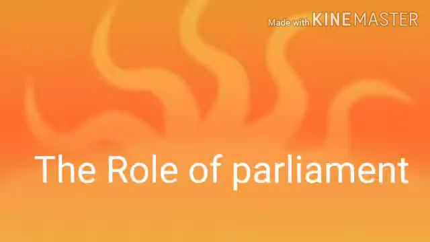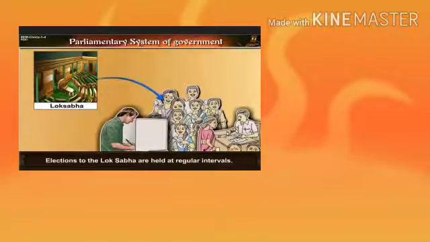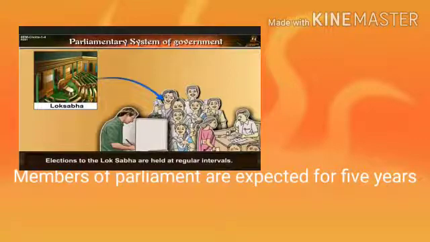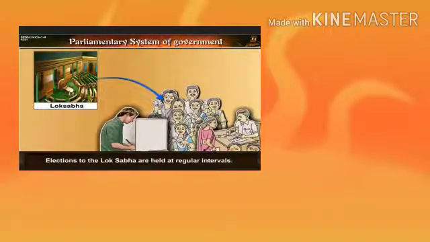Now, let us understand the role of the Parliament. The members of Lok Sabha are elected once every 5 years. And how are they elected? For the election of Lok Sabha, the country is divided into numerous constituencies, and from each constituency, one person is elected as the member of the parliament.